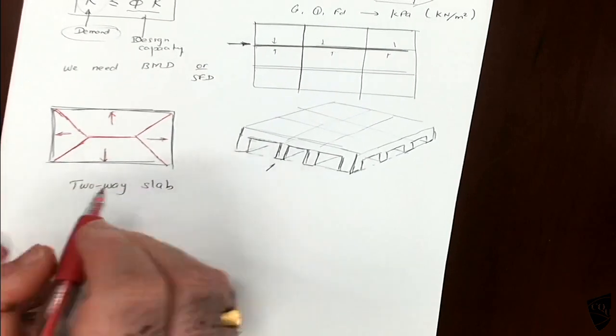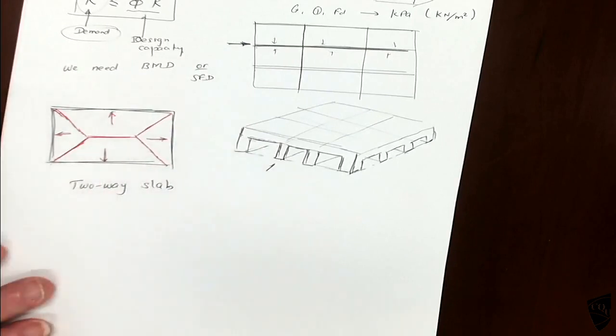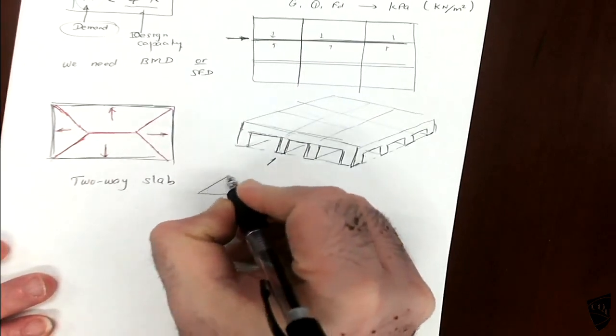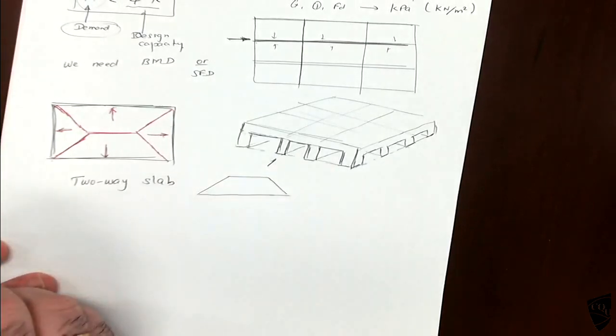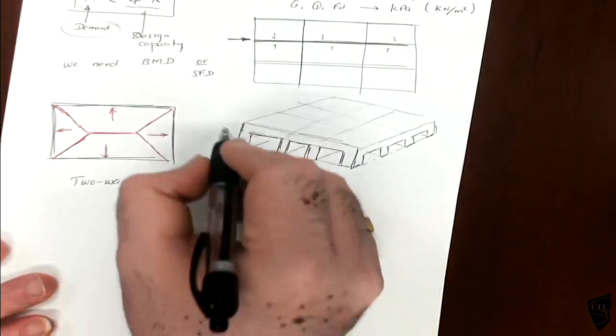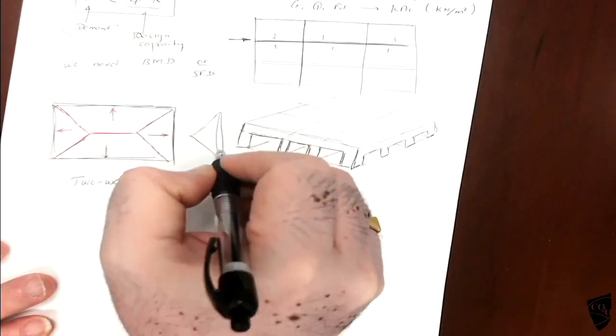So what will happen? This beam will get a trapezoidal load from the slab. This beam will have a triangle distribution.